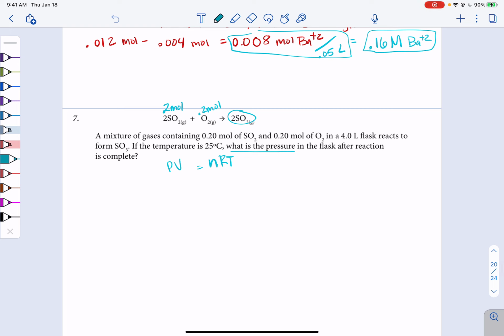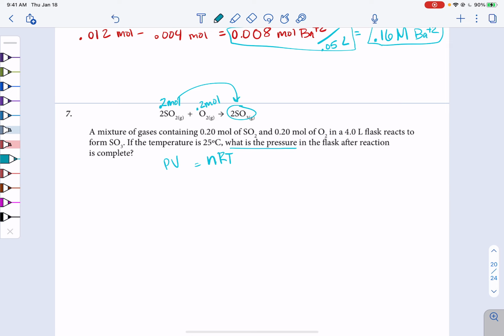Okay, so we have 2 givens, which means we need to figure out which one is the limiting reactant. So we're just going to take both and solve for how many moles of SO3 they both can make. So I have 0.2 moles of SO2. I know that 2 of these creates 2 of the SO3s.